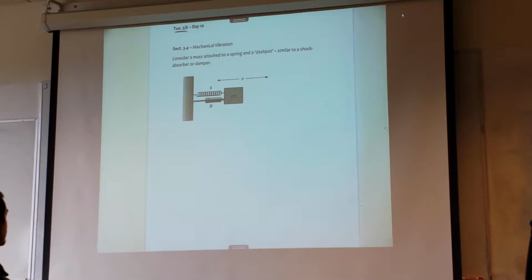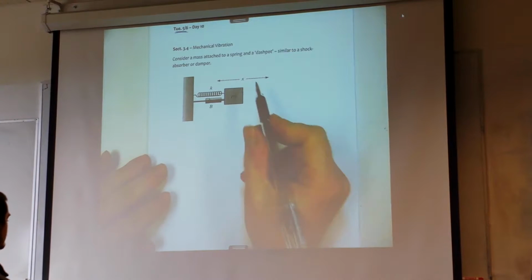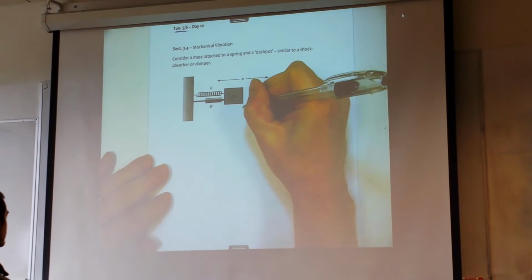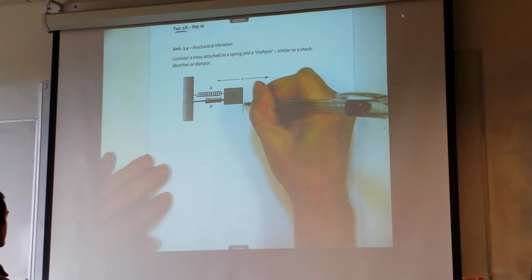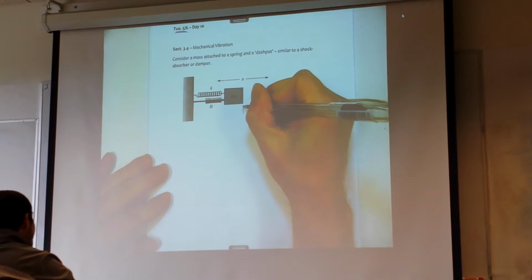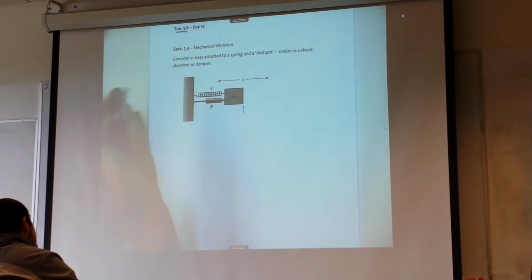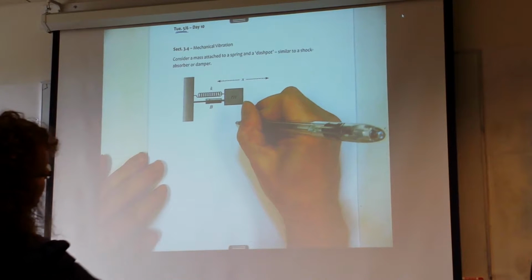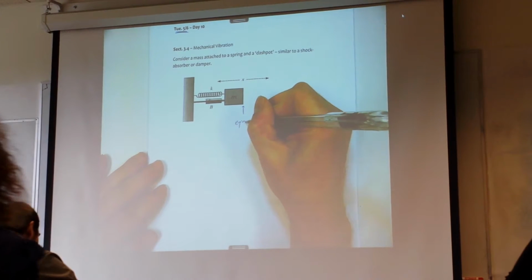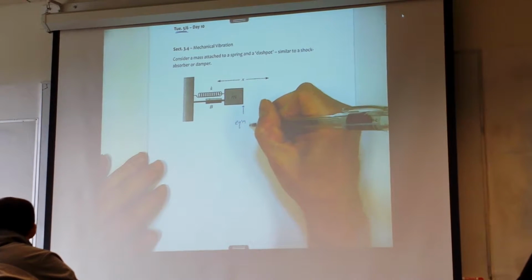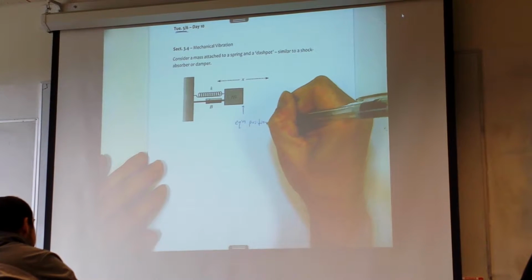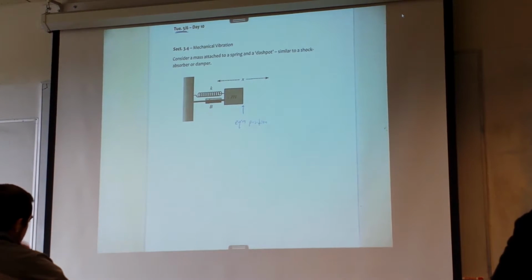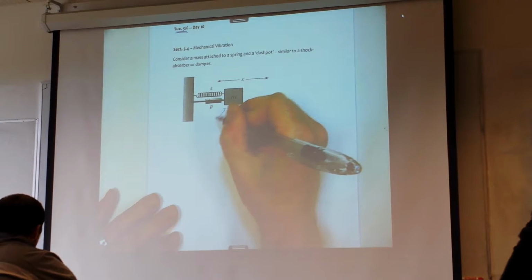Okay, so just to define some things. x here represents the distance from equilibrium position. So at rest, with the spring totally unstretched or compressed, this would be the equilibrium position. And this thing is just some mass on the spring.